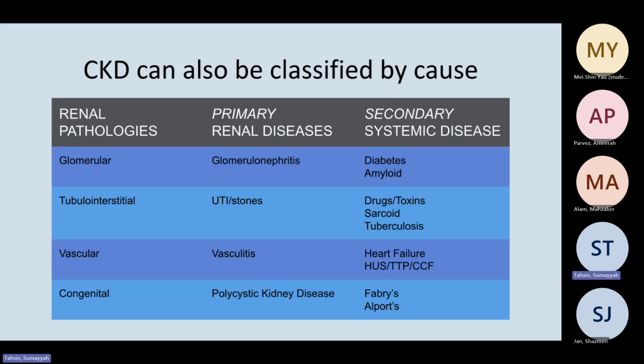So in terms of an exam, you might be required to ascertain the cause of the CKD in a patient, and there are some pathognomonic findings that might help you to do this. As we said, diabetes is the most common cause of CKD.